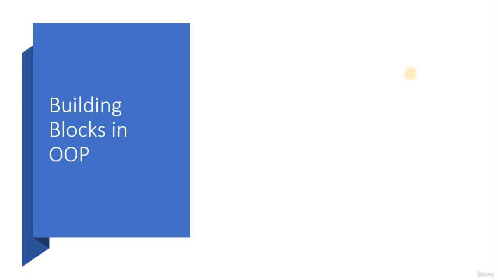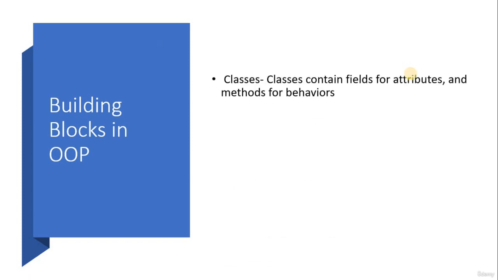The building blocks of object-oriented programming, I'm just introducing to you. One is class. We already said this. A class can contain fields for attributes and methods for behaviors. We have seen some of this.